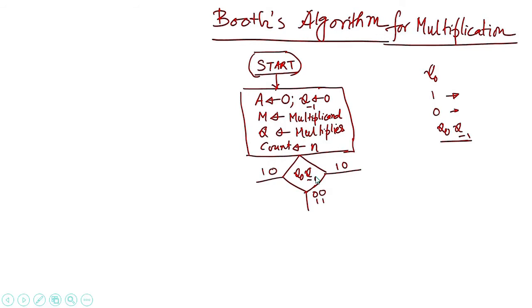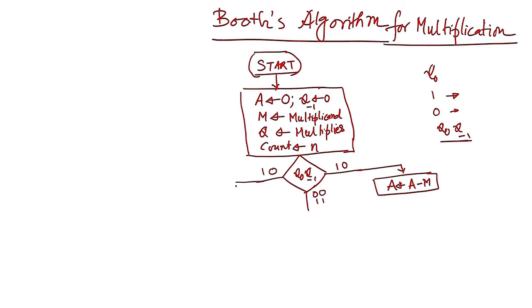Otherwise 1 0 and 0 1. So, if it is 1 0, then we will do the operation A minus m. Okay.